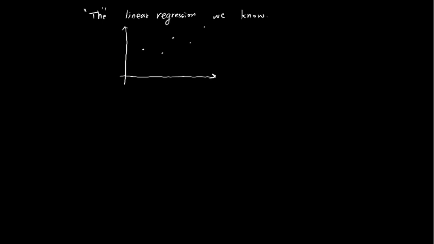And most of the time, they are not going to fall on one straight line. So the picture that you have seen is probably something like this. You will see a line passing through some of that, and it looks like following the behavior of the points, but somehow it cannot pass through all the points because the points are not collinear. And this is what we have done for linear regression. Right?